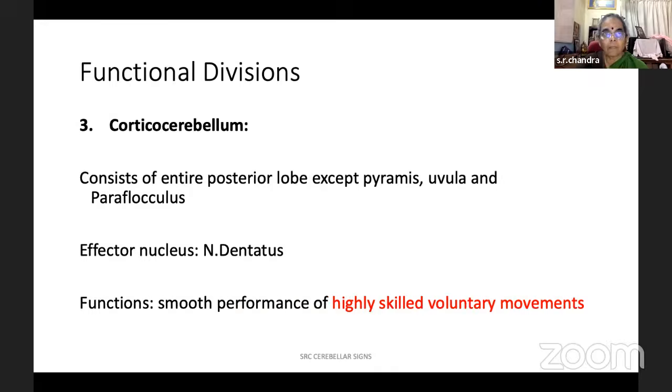Spinocerebellum is limbs. Then the corticocerebellum consists of the posterior lobe of the cerebellum, which I just showed you, except the part constituting the paleocerebellum, and its nucleus is the dentate nucleus. It is concerned with smooth performance of highly skilled voluntary movements.